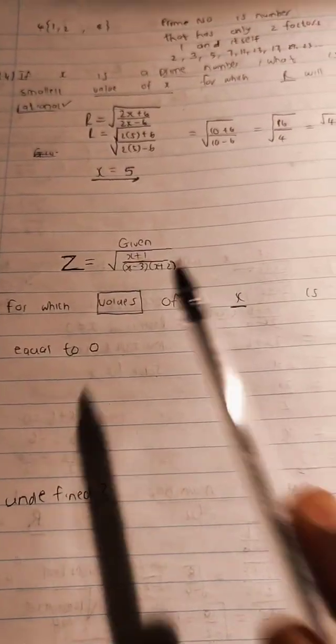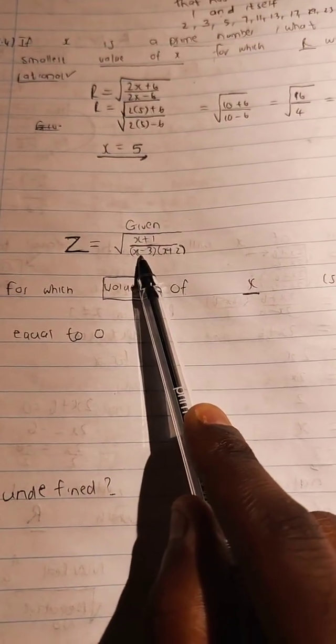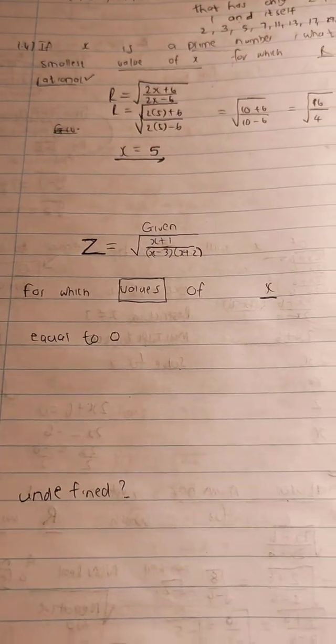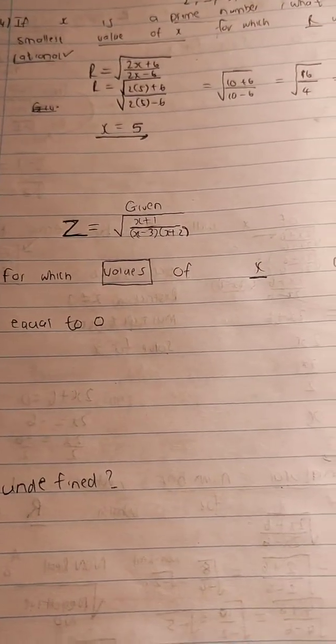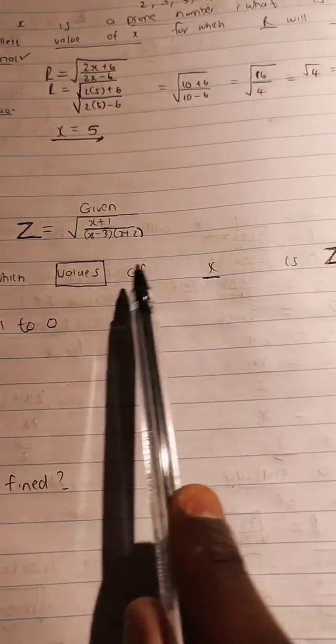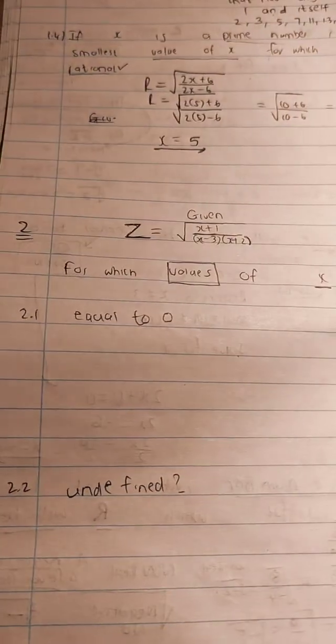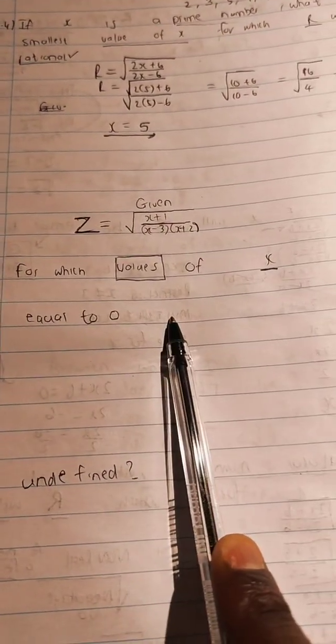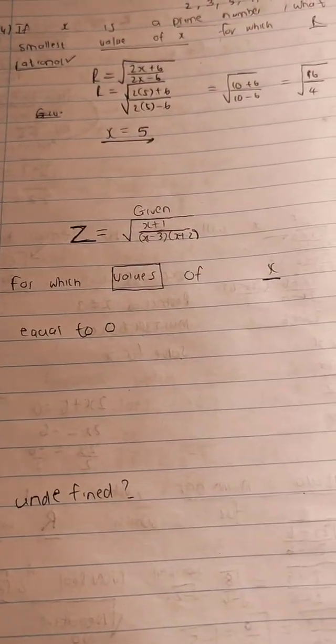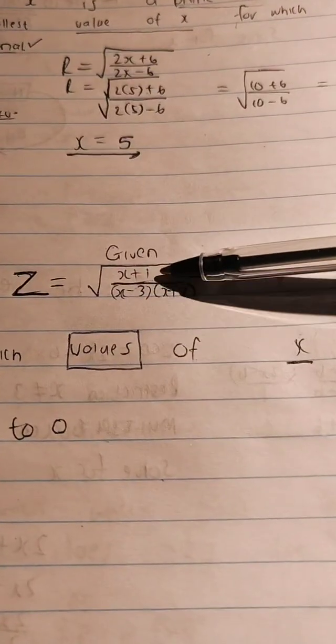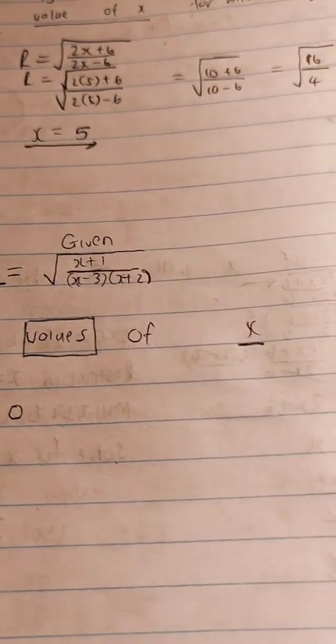So in order to find those values of x, from the previous live session that I had with the grade 10s, whenever we say for which values of x is z equal to 0, what that means is we look at the numerator.